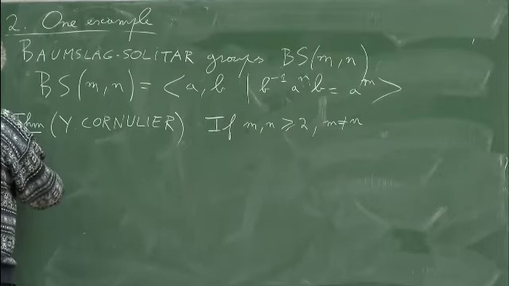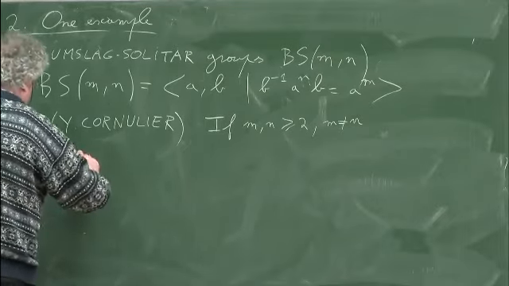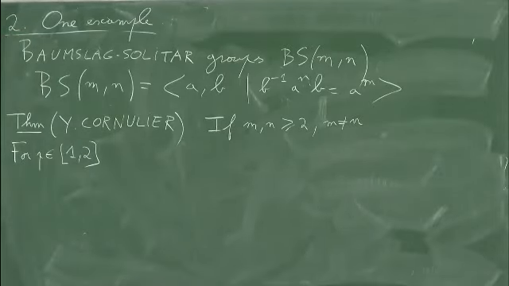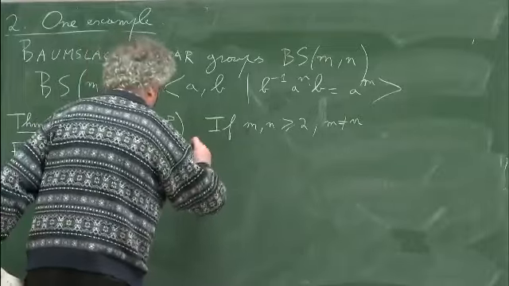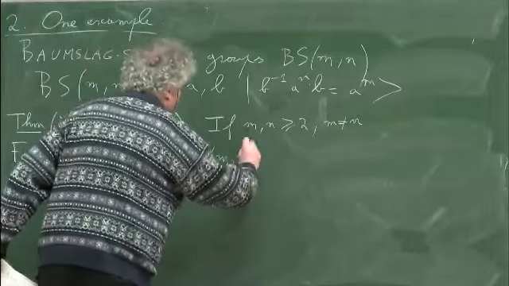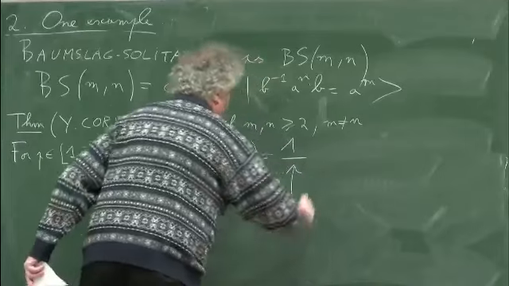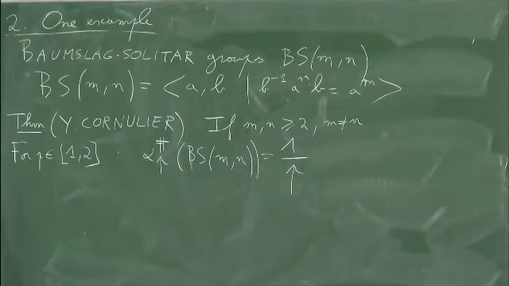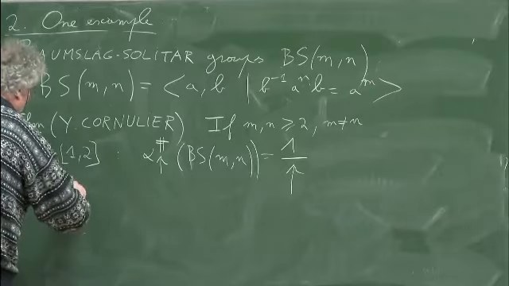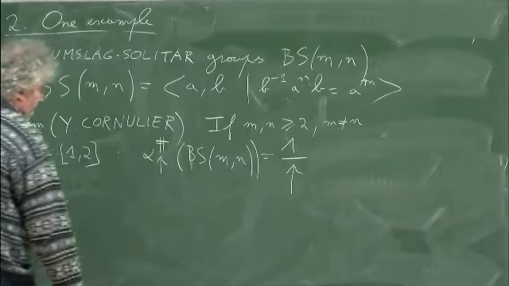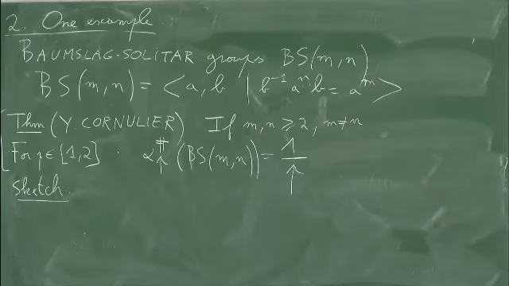What he proves is that for p in the interval [1,2], the equivariant L^p compression is exactly 1 over p. Let me give the idea or sketch of proof. First, we know that because the exponents are at least 2, this group is non-amenable.